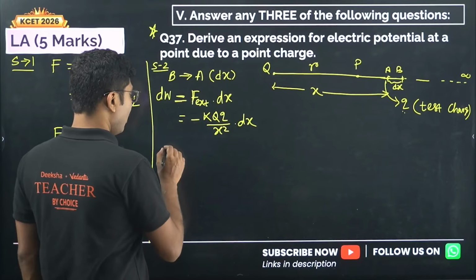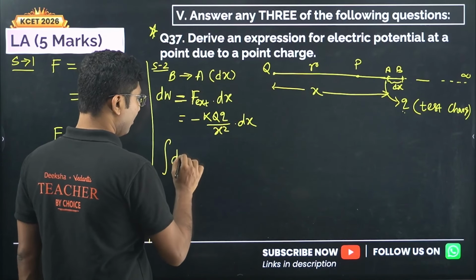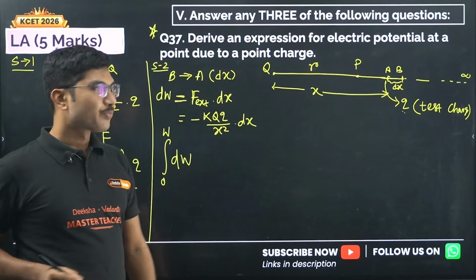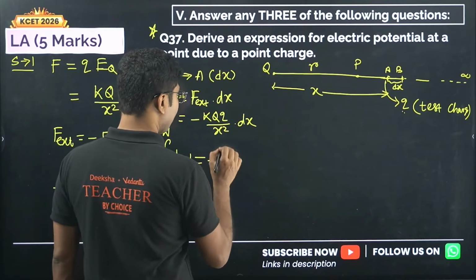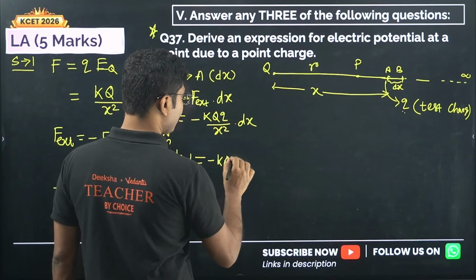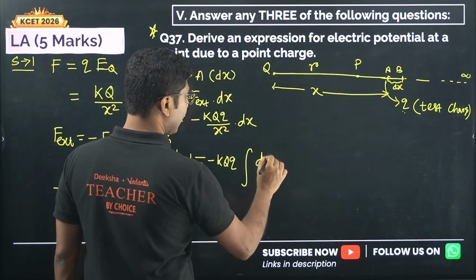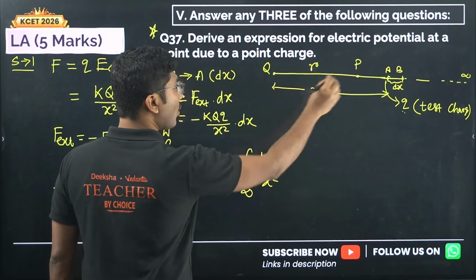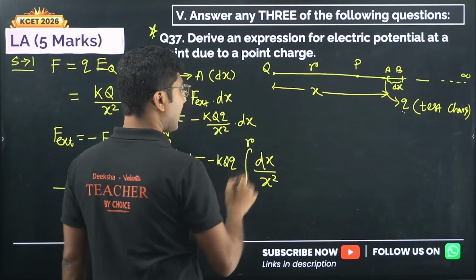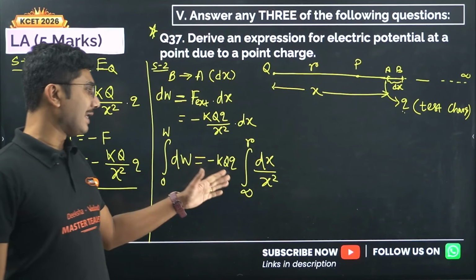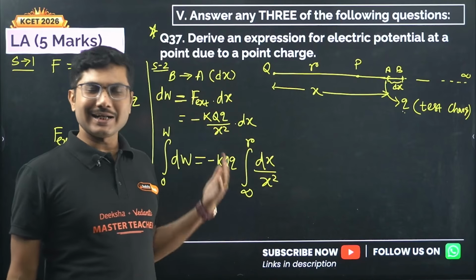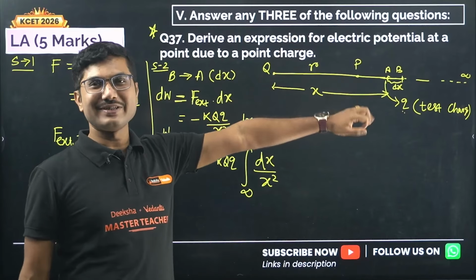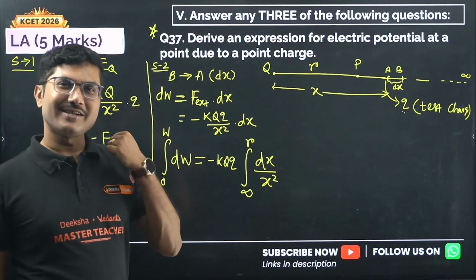So integration of dW from 0 to total work done W should be equal to minus K Q q, they are constant, dx by x square, from infinity to our point P, which is at a distance r. So when doing integration, we can take infinity safely. Under integration, infinity sits safely. Whenever you see infinity in physics, definitely there is an integration involved.